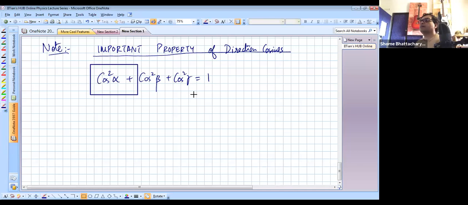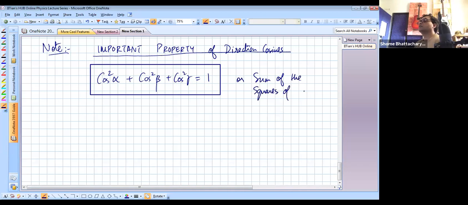This is like a theorem, and I can give you the proof of this theorem just now. So in words, we can say that the sum of the squares of the direction cosines of a vector equals 1.